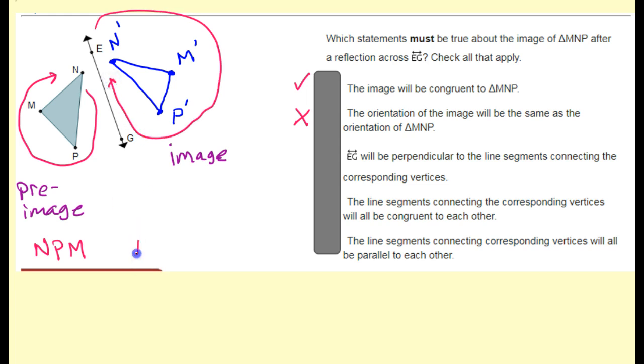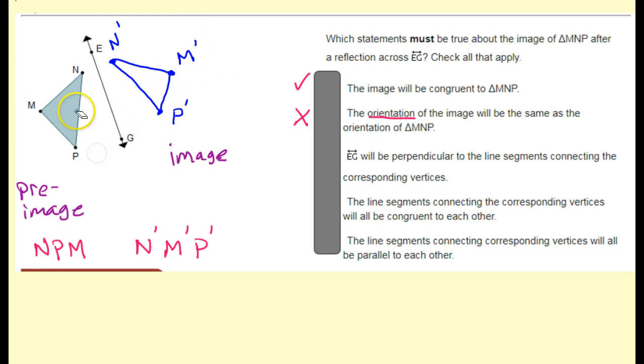I'll start at N prime. But this time it'd be N prime, M prime, P prime. It's a completely different order. That's what they are talking about when they talk about orientation. So doing a reflection changes the orientation because it flips everything backwards.